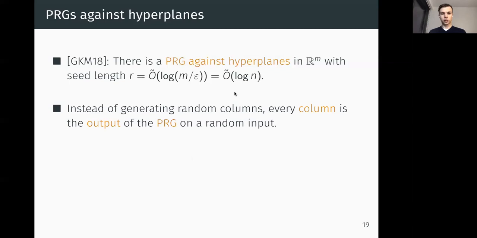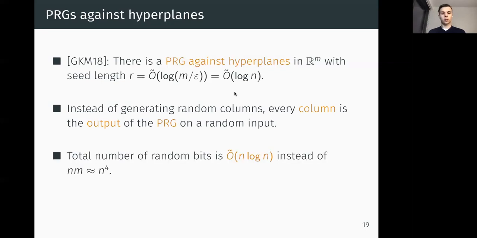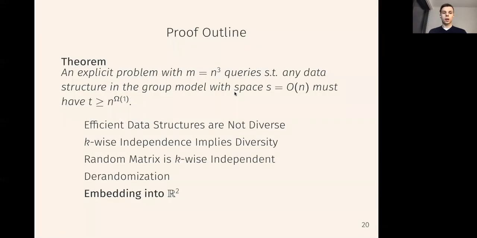So now, instead of generating random columns, we independently generate every column, but from a PRG. The total number of random bits used is now n log n instead of the previously used n to the fourth uniformly random bits. So now we can generate this matrix using fewer bits, that is, we sample from a smaller subset of matrices.